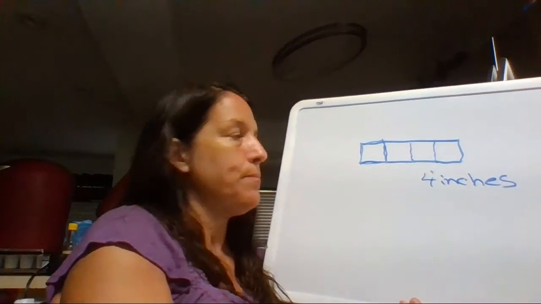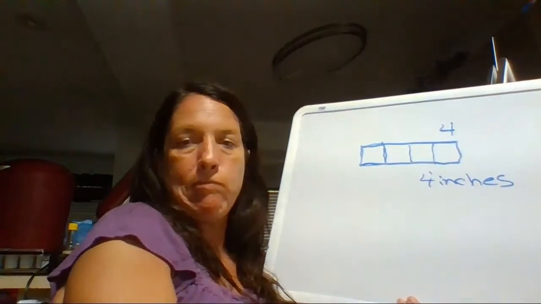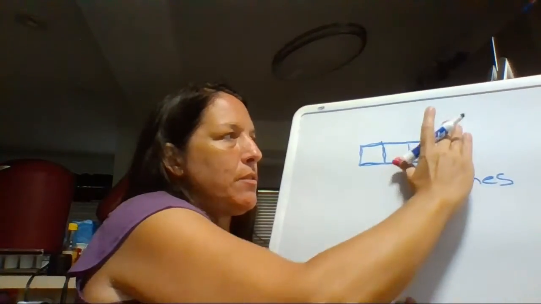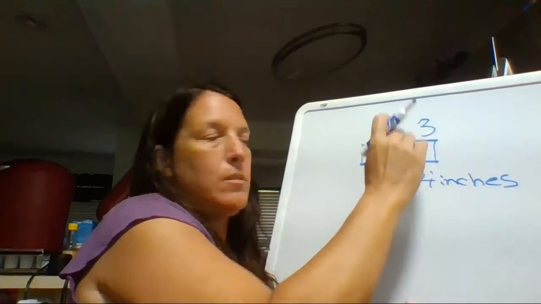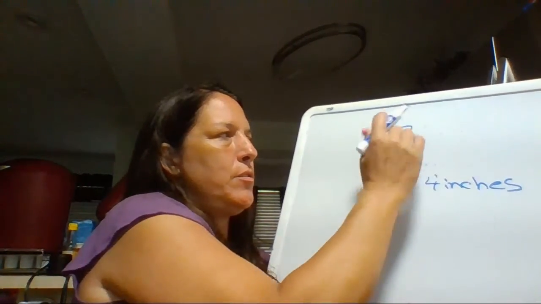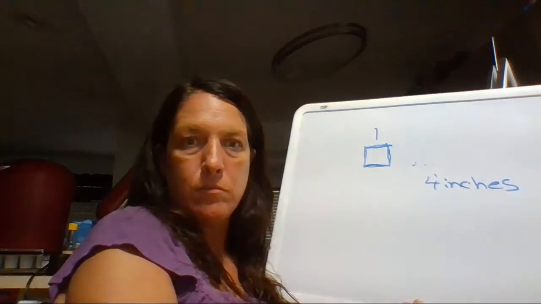Interesting. Well, we know this whole thing is 4, right? Okay. What if I take that one off? Now how many do you have? 3 inches. What if I take this one off? Now how many do you have? 2. What if I take this off? Now how many do you have?